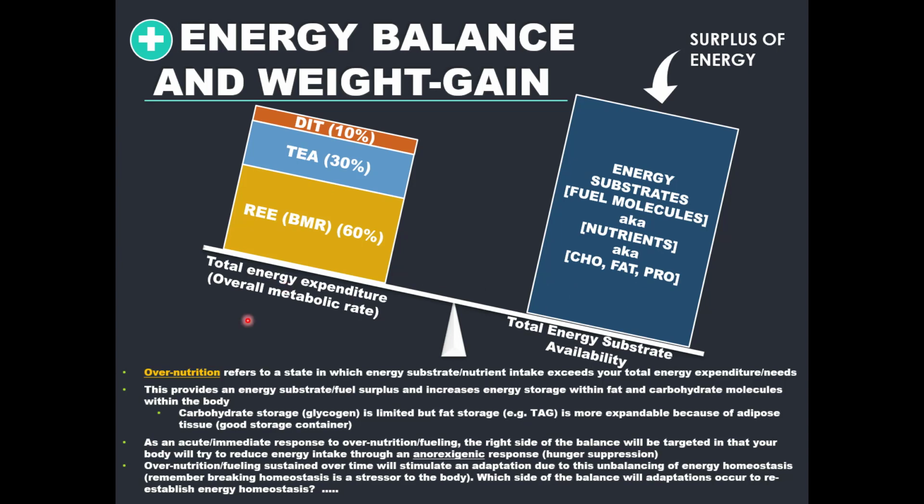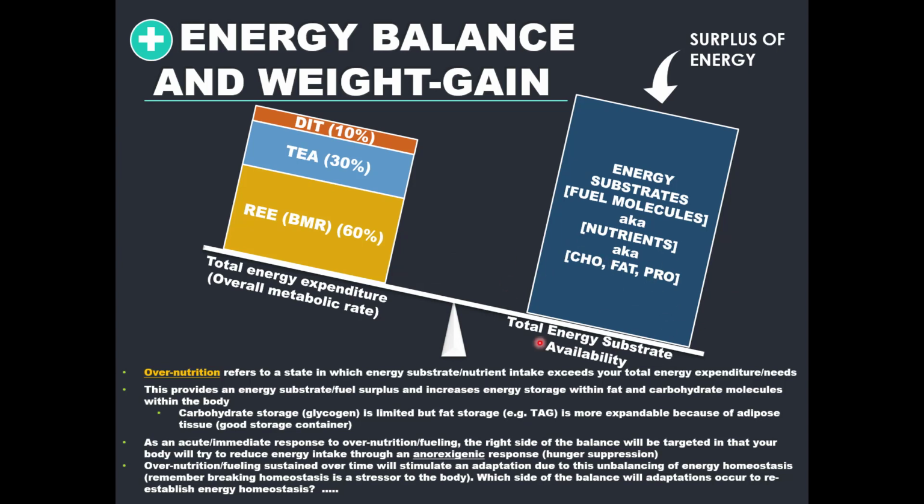So as an acute response, an immediate response to overfueling and therefore an energy surplus, the body will attempt to re-establish energy homeostasis by targeting the right side of this balance.